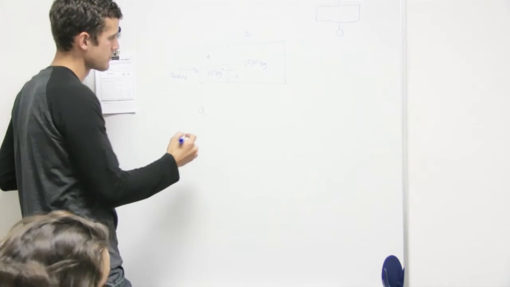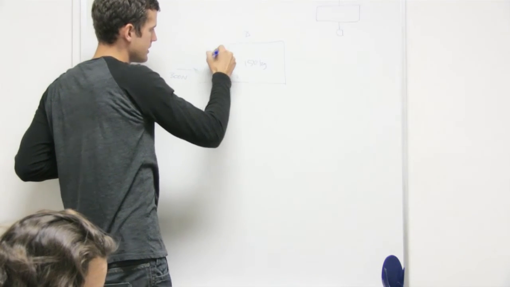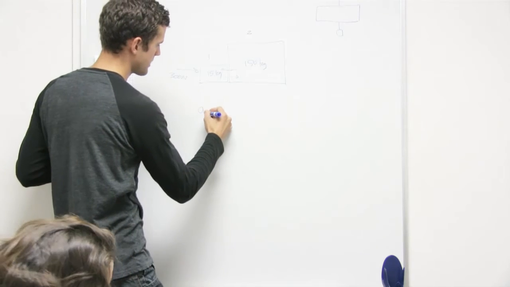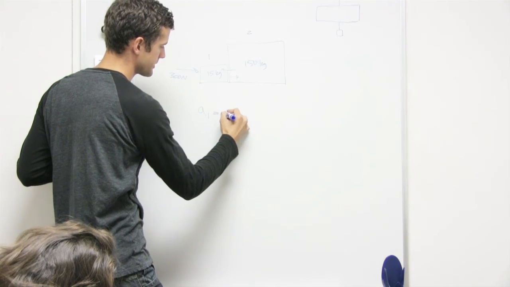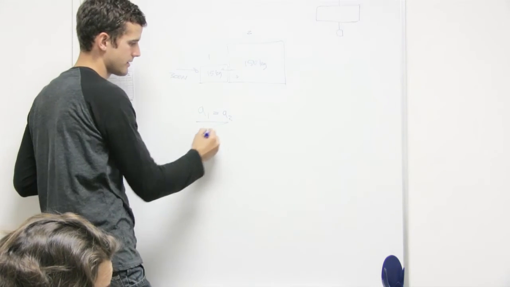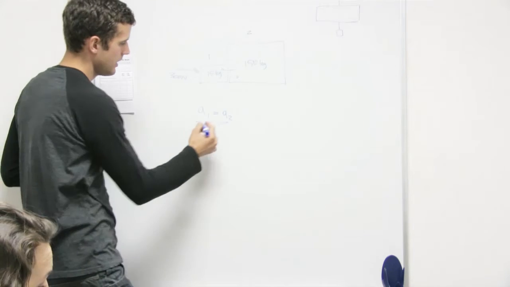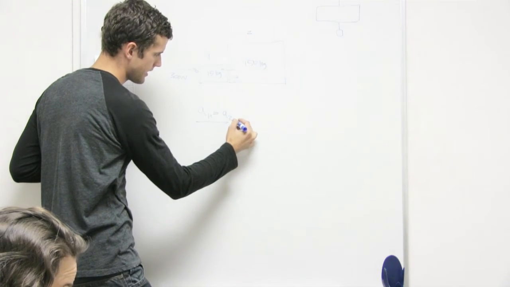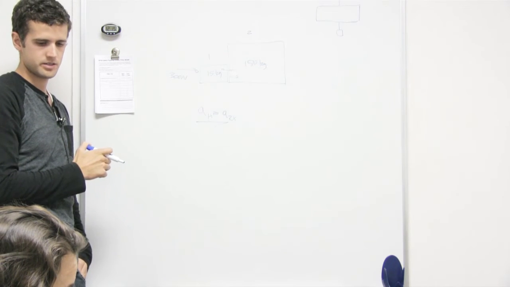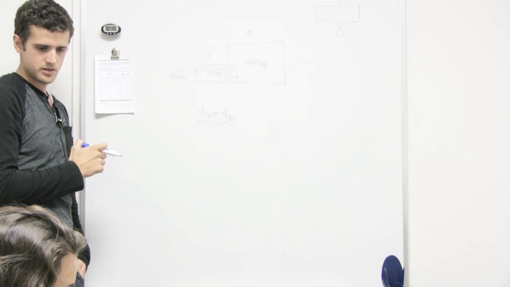So this is block 1, this is block 2. We said that acceleration 1 is equal to acceleration 2. That's all it's asking for right there. And they say to do it in X or Y, so the acceleration in X is equal to the acceleration in X. Why do they have X and Y on these?